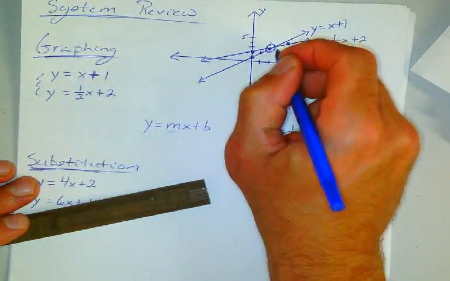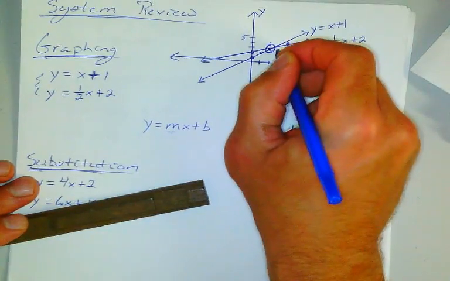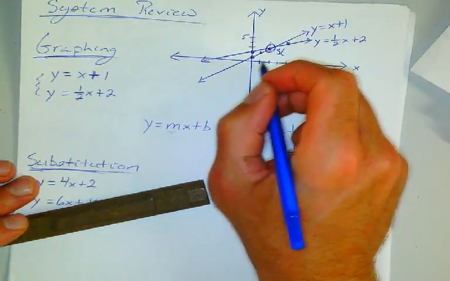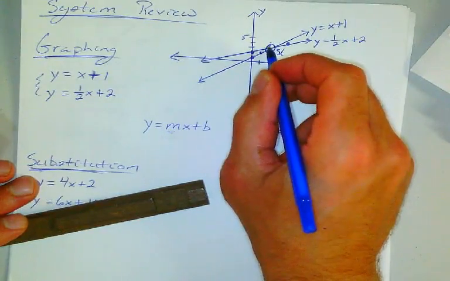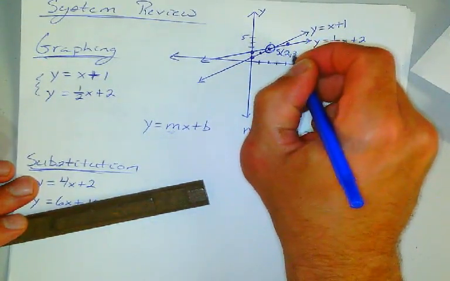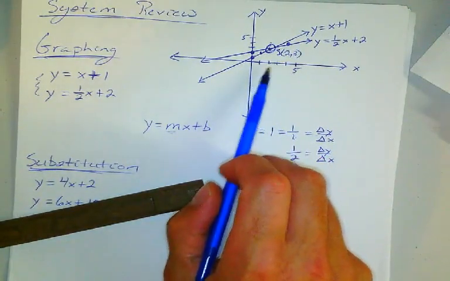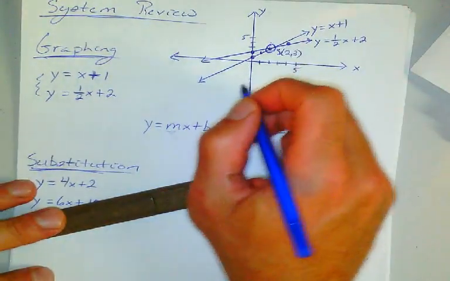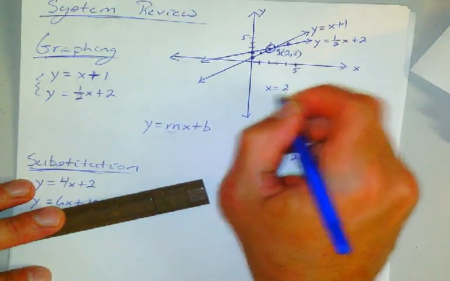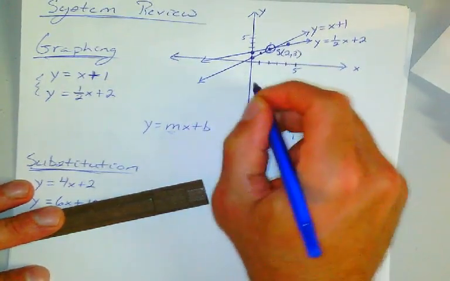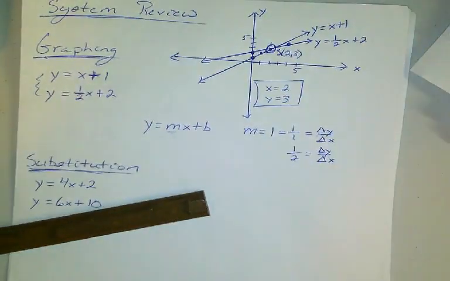Sometimes you'll see P for point of intersection. I do S, and then I write its coordinate, which is 2, 3. So the solution for this particular system is 2, 3. So x equals 2, and y equals 3. Sometimes you'll write it out like that as well.